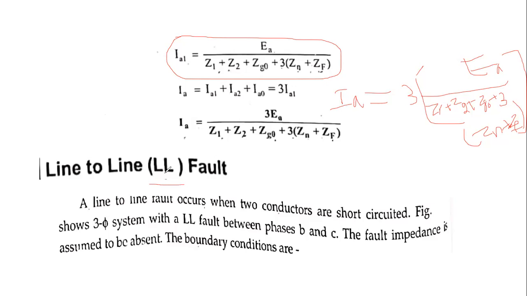In that case, a double line fault occurs between the phases B and C. Therefore the fault impedance is assumed to be absent. We are considering the fault impedance is absent.